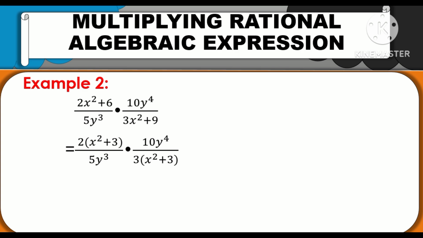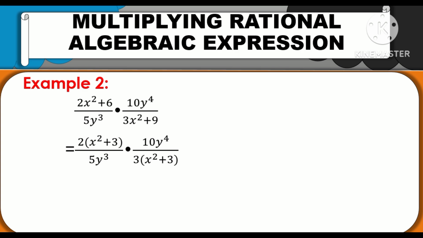So take out the 2: 2x squared divided by 2 will become x squared, and 6 divided by 2 will become 3. Copy the denominator. Then 10y raised to 4, copy. And the factor of 3x squared plus 9 is 3.